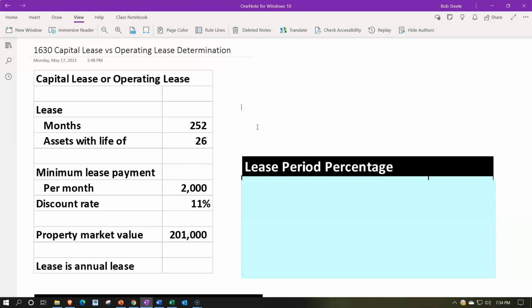If it is, then we would want to put it on the balance sheet, putting the asset on the books and then the related liability, in a similar fashion as you would see in a purchase and financing situation. As opposed to that, if it's just an operating lease, a normal lease, you would simply be expensing the items over the time period that you would be paying it. So that's going to be the question.